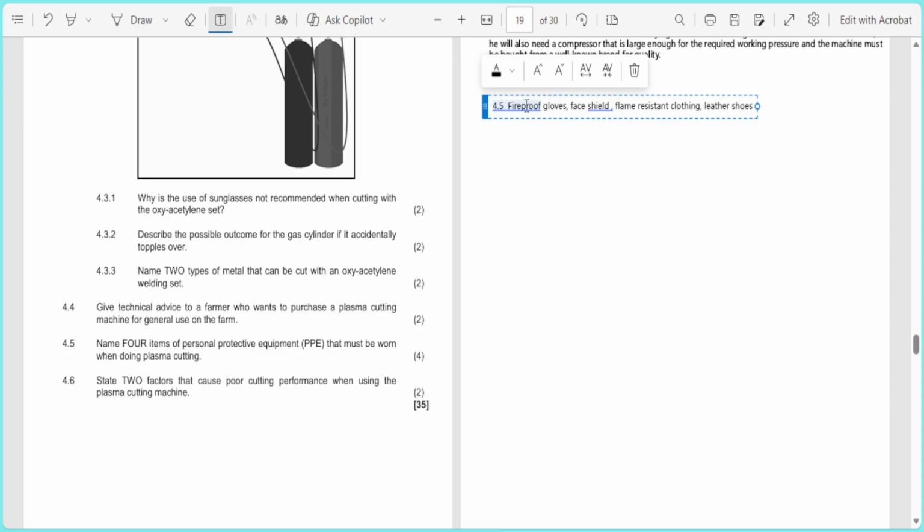Notice that I've also listed leather shoes, not just closed shoes, because the molten metal droplets will burn through synthetic material. So strictly leather shoes here. This is a minimum protection. Many professionals add even aprons while performing the job.